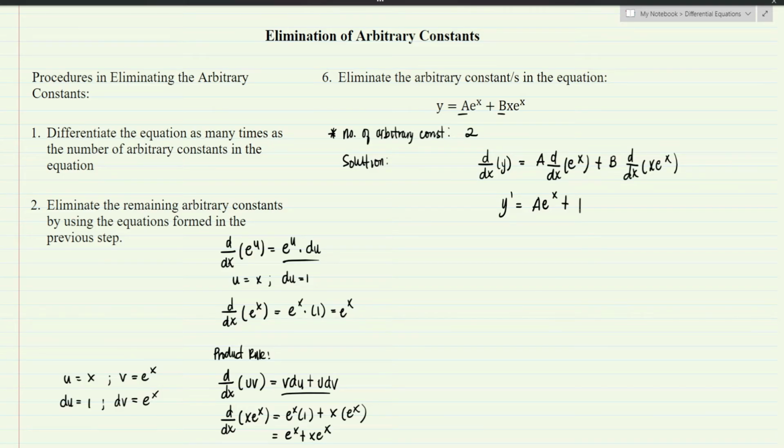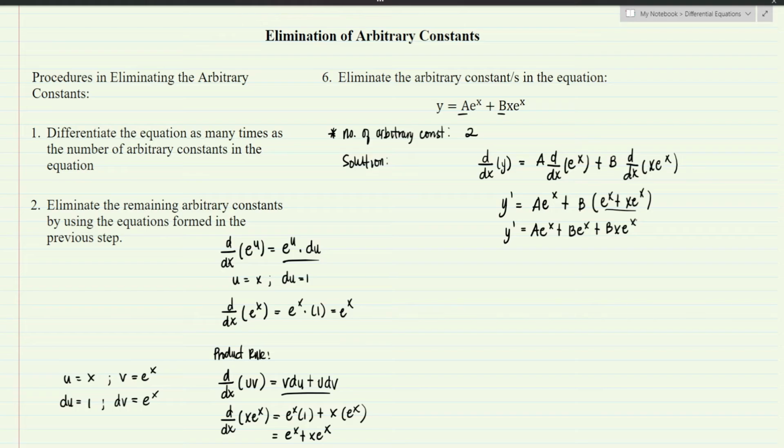So I would write here b multiplied by the derivative e raised to x plus x e raised to x. Okay? So I can distribute b from these terms here. So I would have here y prime equals a e raised to x plus b e raised to x plus b x e raised to x.